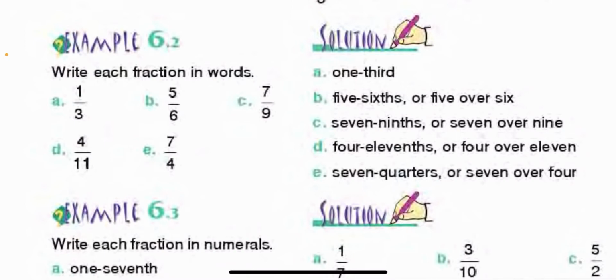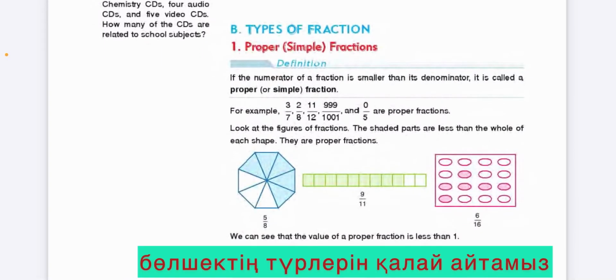Look at the first fraction. We say it as one third, five sixths, seven ninths, four elevenths, seven fourths.